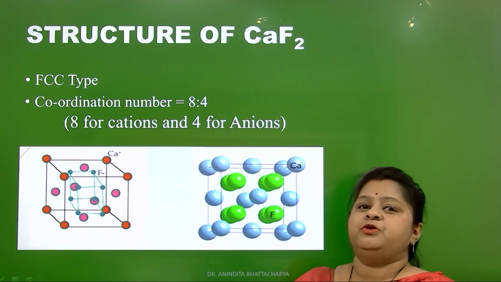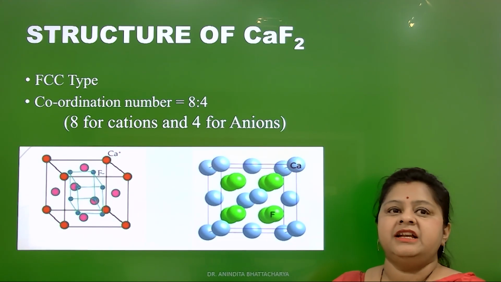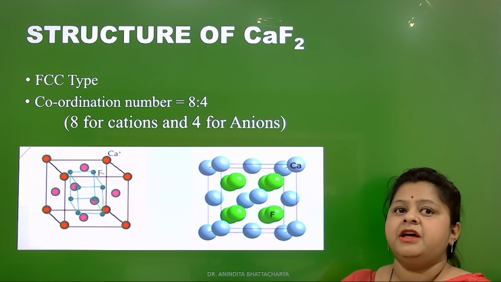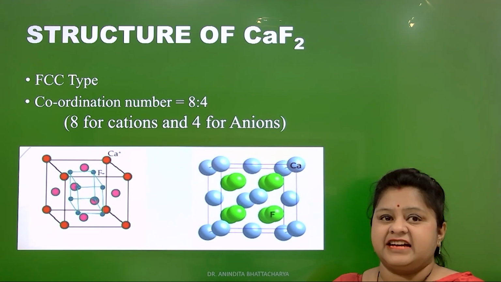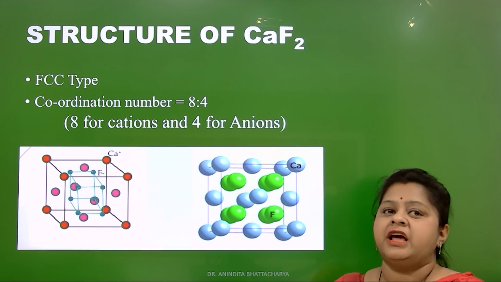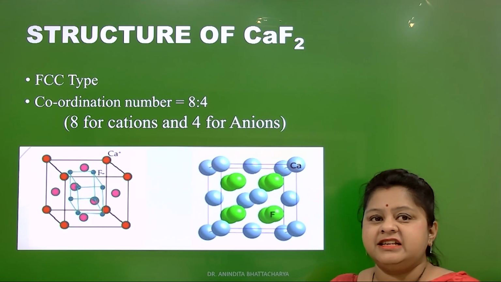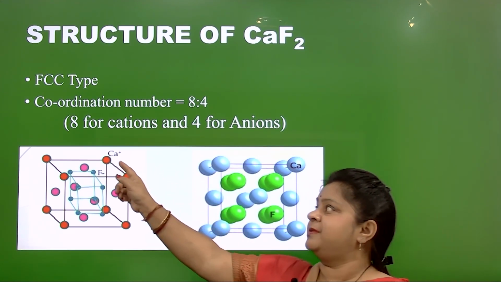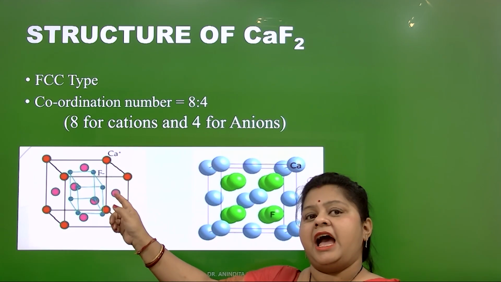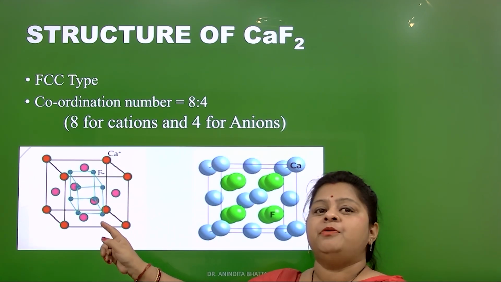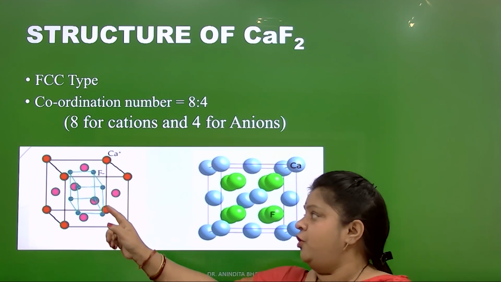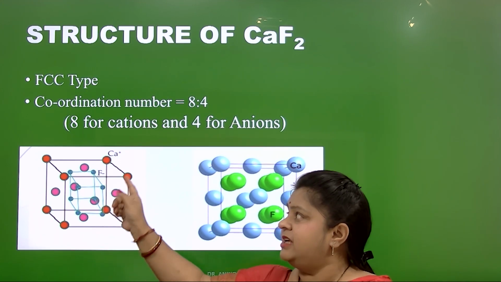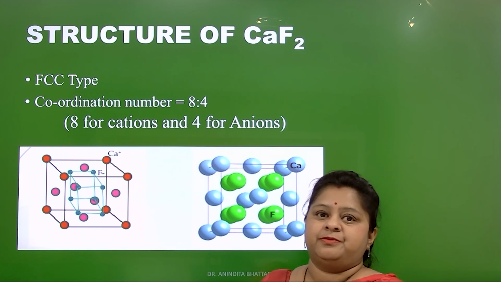Coming over to calcium fluoride, it is again a face-centered type with a coordination number of 8:4. We have 8 cations and 4 anions. You can see that calcium are the red ones and fluorine are the blue ones, plus the 6 pink ones are again calcium.